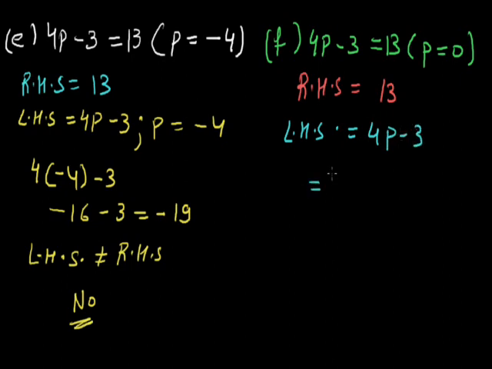So it will be 4 into 0 minus 3. So 0 minus 3 will give you minus 3. Now we can see that the right hand side of the equation is 13 and the left hand side of the equation is minus 3.